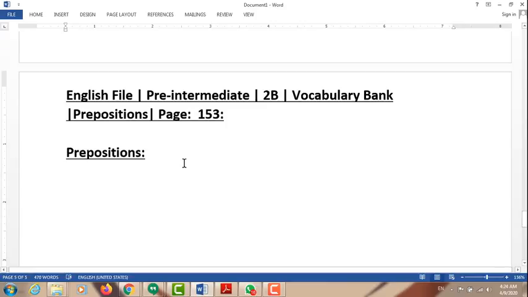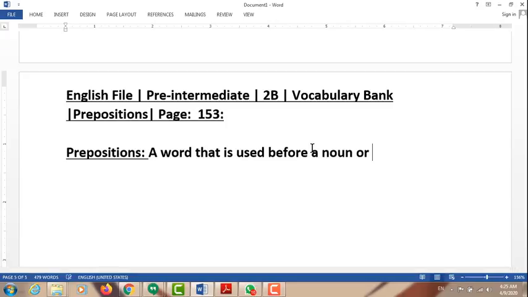What is preposition? It says, a word that is used before a noun or pronoun.